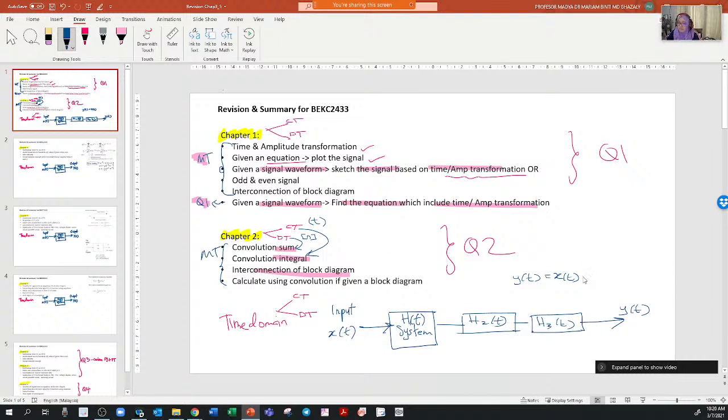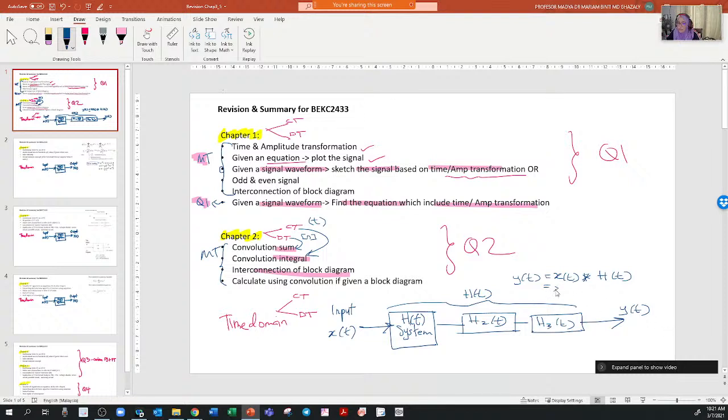So you have x(t), then you convolve with h. For example, I'm calling this whole thing h(t), and h(t) is comprised of h1 convolve with h2 convolve with h3.